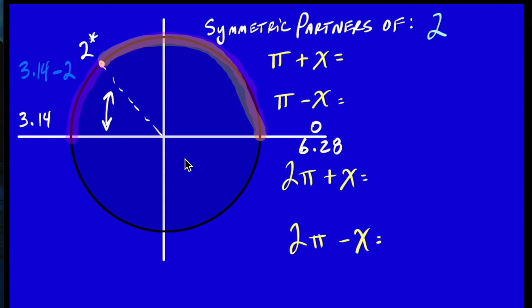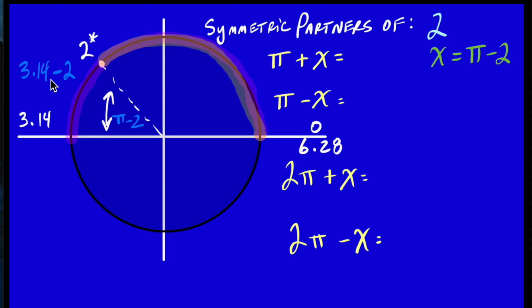Instead of 3.14 minus 2 for this distance, we're simply going to call that pi minus 2. So our x value for this entire problem is going to be, x is going to equal pi minus 2.